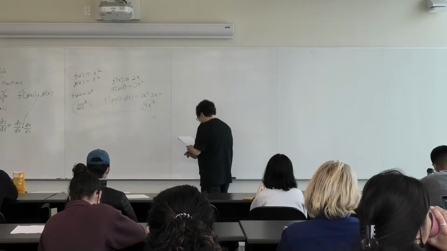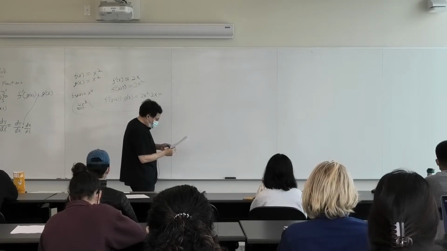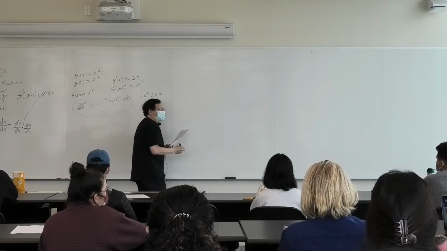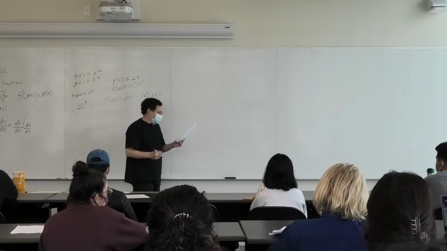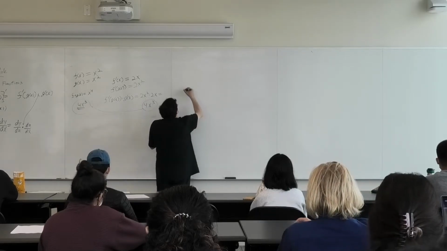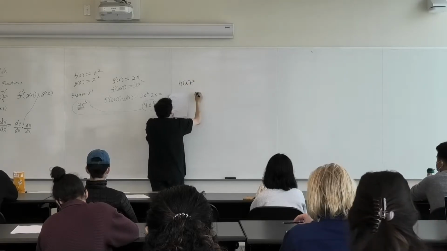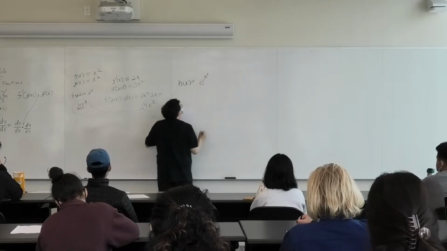Let me take what I think should look like a pretty imposing looking function. H of x equals e to the x cubed.